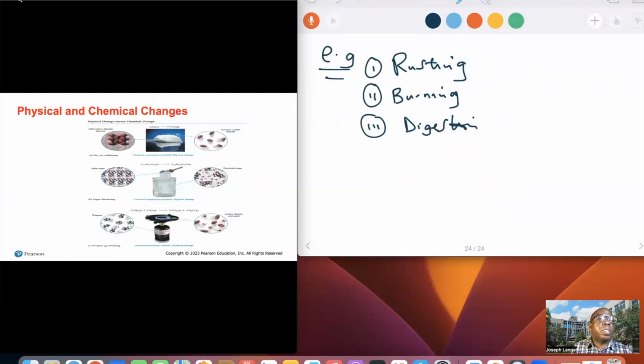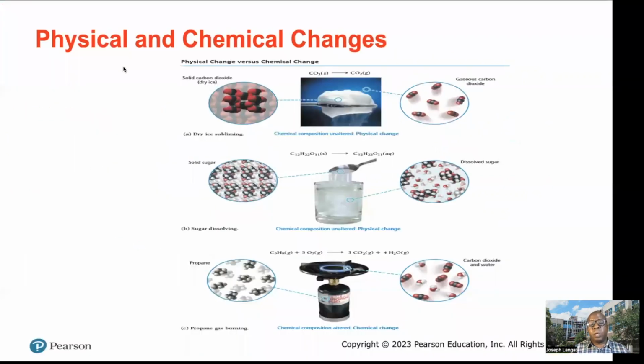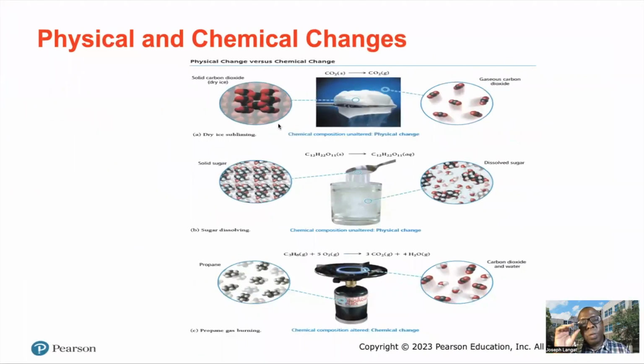I think there are a few examples here of physical changes. Dry ice: we don't change the chemical makeup of CO2. Physical change. Dry ice just melts. This is solid to gas without going through the liquid state, which is sublimation. Here the chemical composition is unaltered in dissolving.